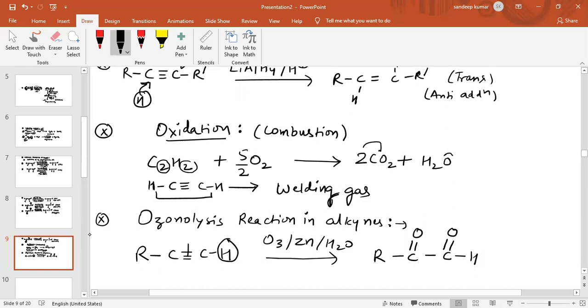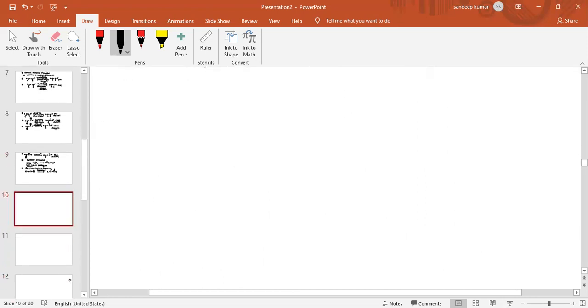If it is oxidative ozonolysis, then you can also prepare the product. Now see the next question. If it is given like this, CH3 C triple bond CH, and ozonolysis in the presence of ozone, zinc and H2O2, what happens?